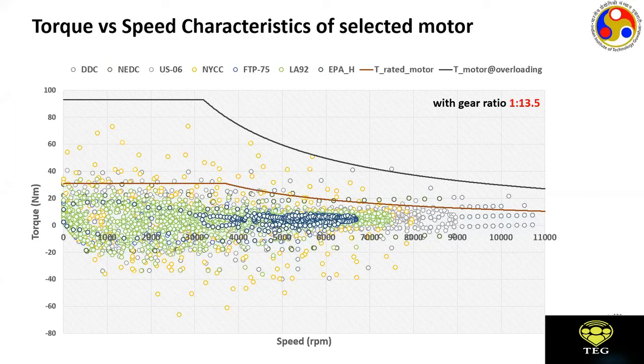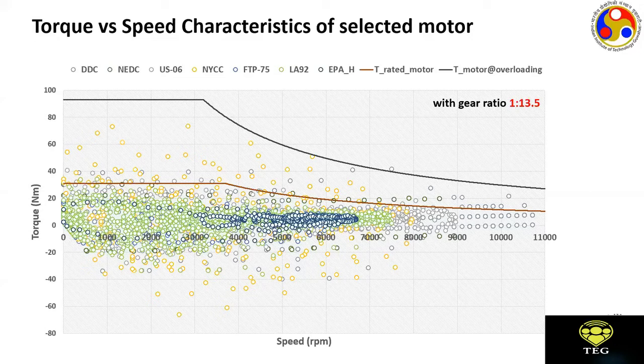This would ensure that the machine is not damaged. These are some of the points which we have to keep in mind. This gives you an idea of how we are able to determine the performance characteristics of the machine based on the analysis that we have done so far.